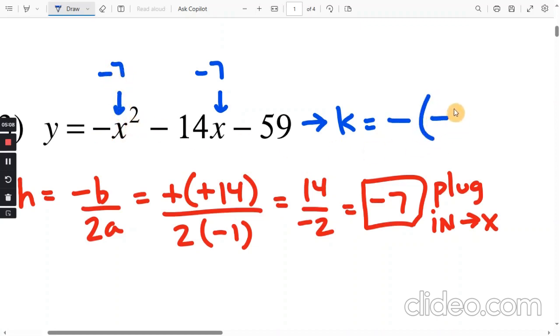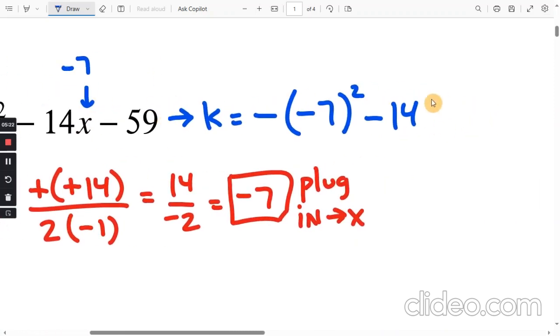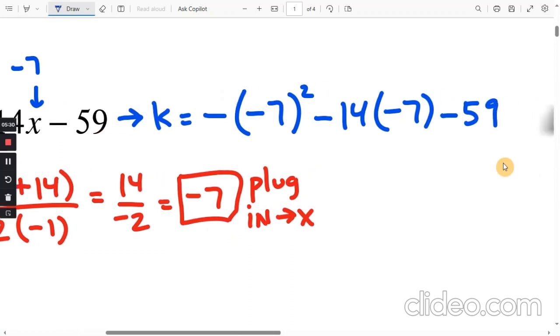Same thing here: negative 14 times negative 7 in parentheses. So write your negative 14 and then times negative 7 in parentheses. And finally, we have minus 59 on the end.